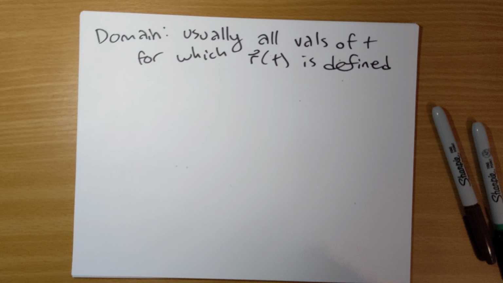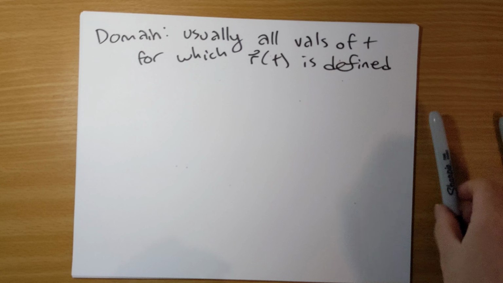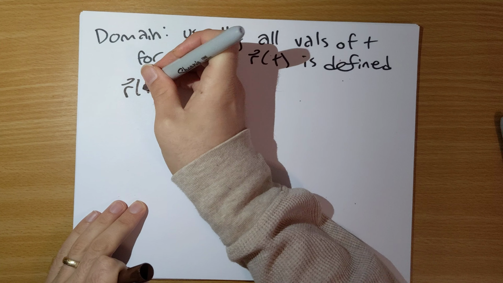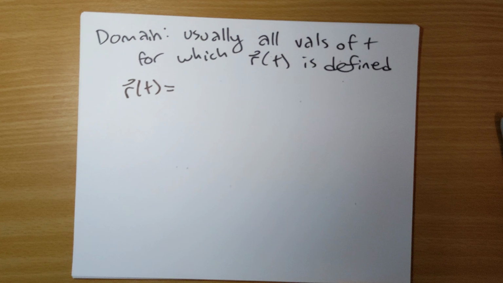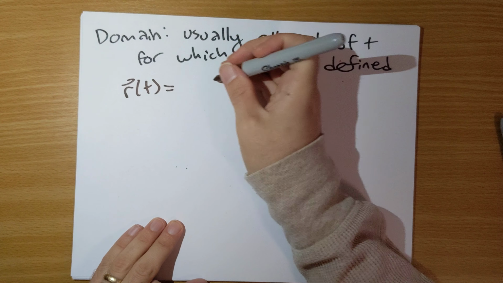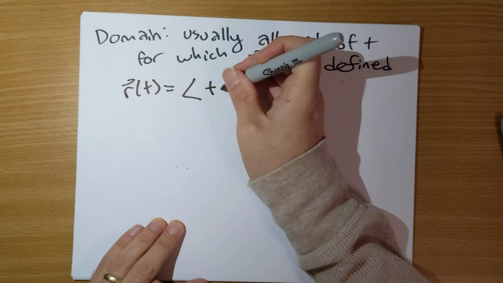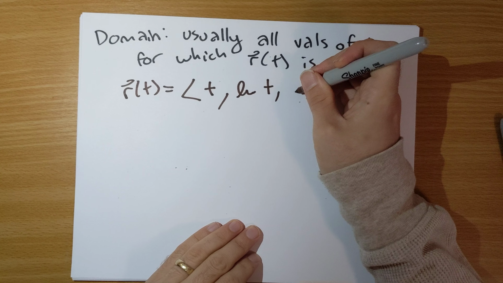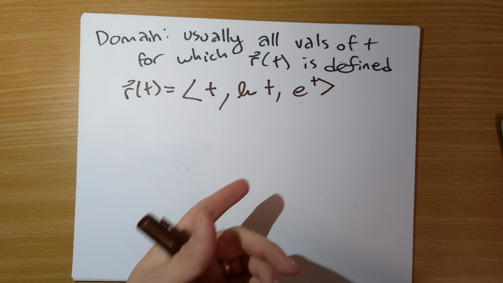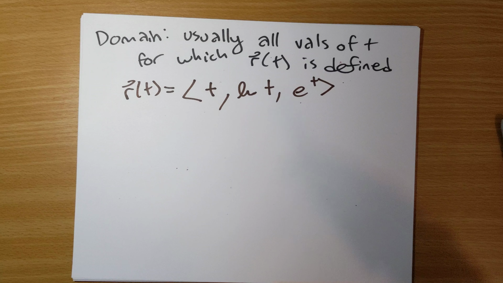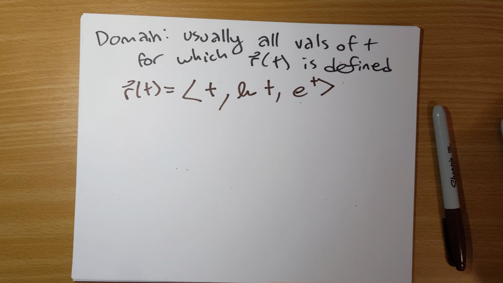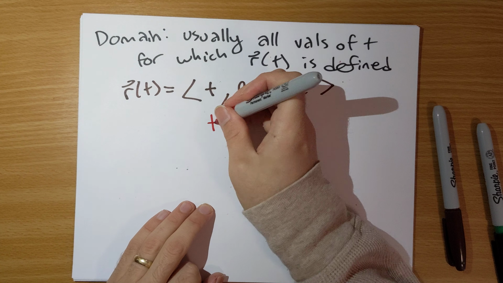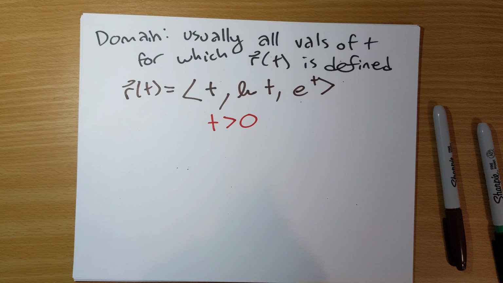So, for example, if r of t is equal to t comma natural log of t comma e to the t, well, natural log of t is only defined for strictly positive values of t, so the natural domain here would be t greater than 0.